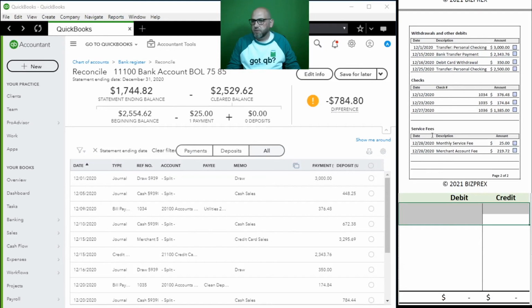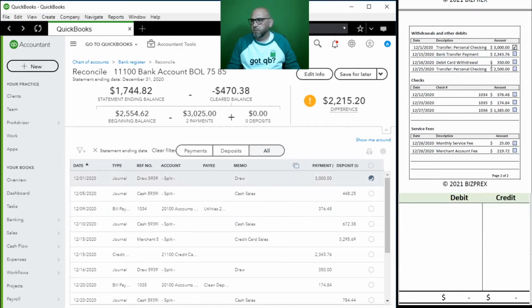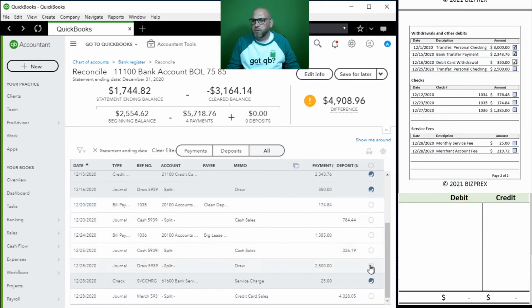Okay, so let's see. We have our 3,000 right here. We have our payment right here. Let's see. We have our 350 right here. We have our 2.5 right here.